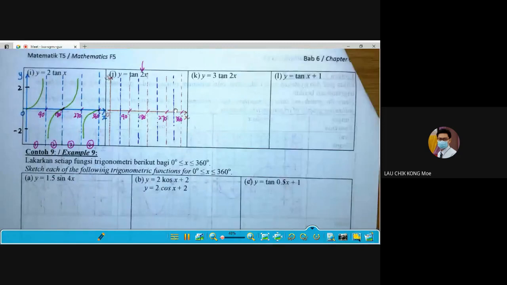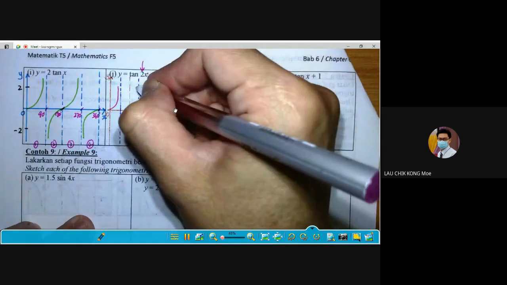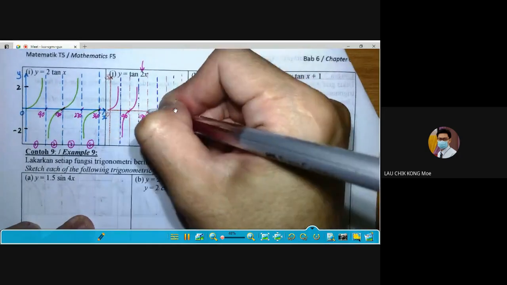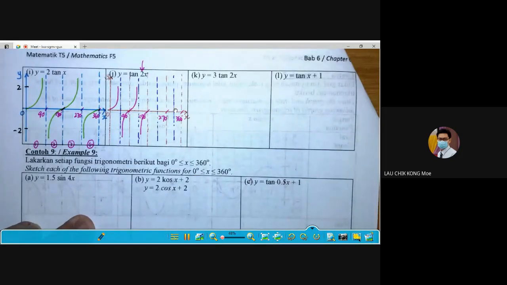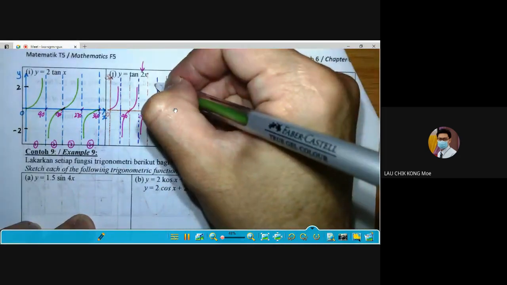Okay, itu dia. Okay, so our graph is 1 and 3, 2 and 4 ke bawah. Okay, and then another one. Mana dia? Okay, 5.